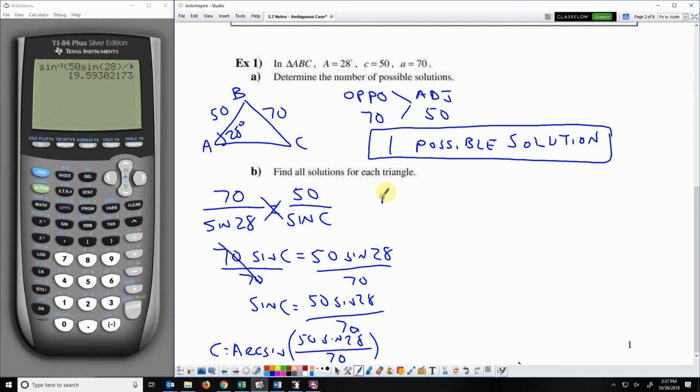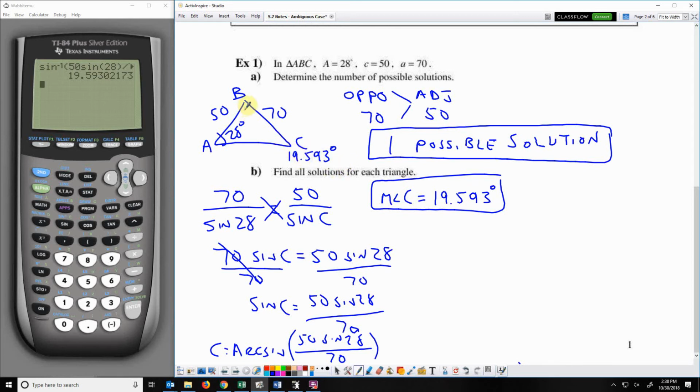So for angle C, the measure of angle C, I've got 19.593 degrees. And I'm keeping maybe one more than I usually would because I'm actually going to end up having to use that number in my calculations as I go forward. So if I have to use a rounded number in my calculations, I want to use an extra decimal place just to keep it a little bit more accurate. So I've got 19.593 degrees here. So now I need to find the missing side length.